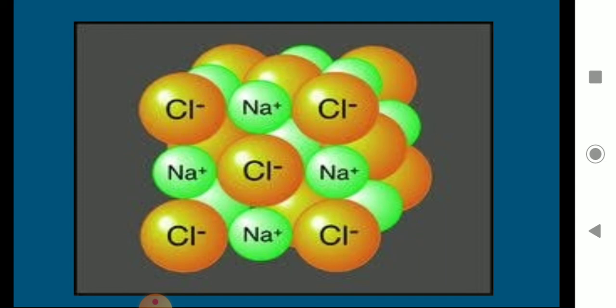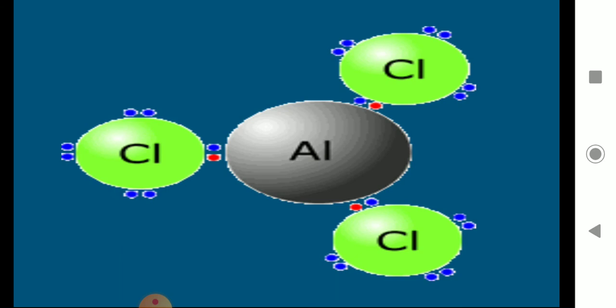Wherever sodium is there, it will be surrounded by chlorine, and wherever chlorine is there, it will be surrounded by sodium. This way it is arranged in our container, in our dabbas. So that is the salt. 1 pinch or 1 tiny grain of salt contains thousands of these molecules of sodium chloride.